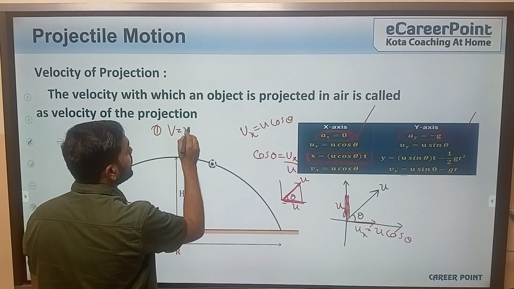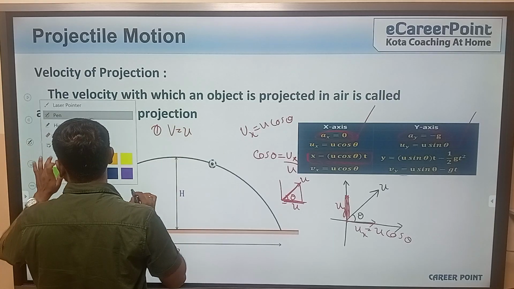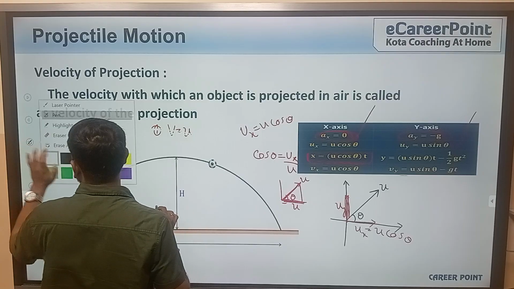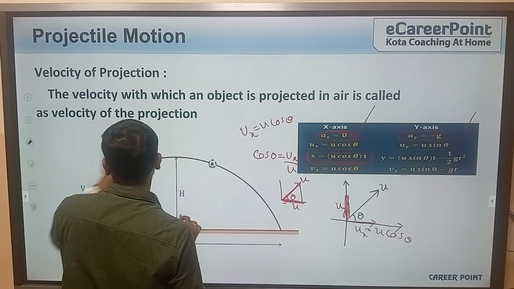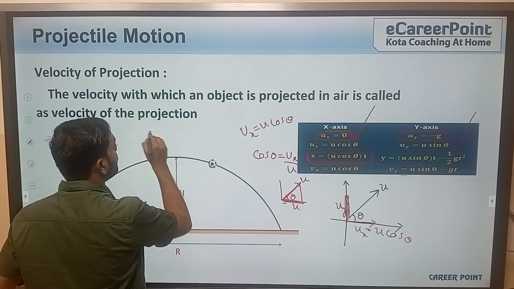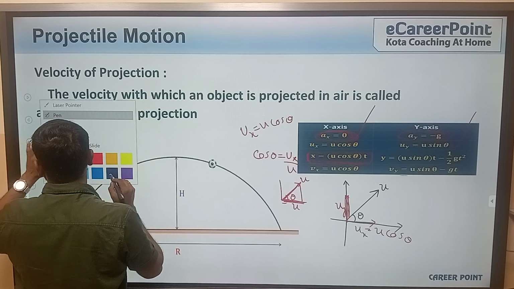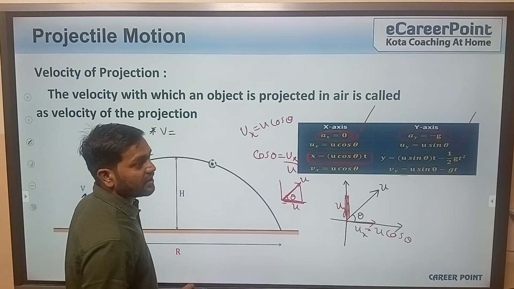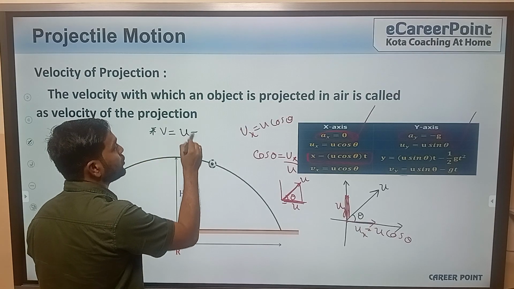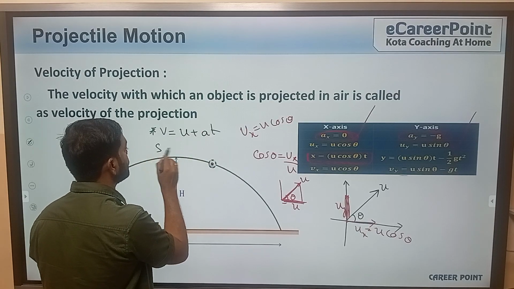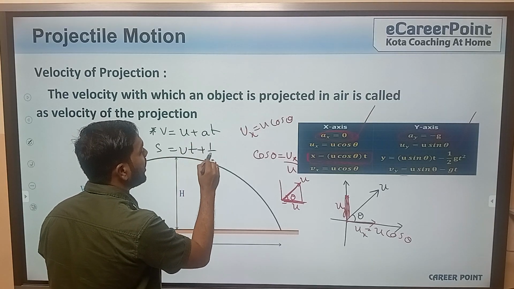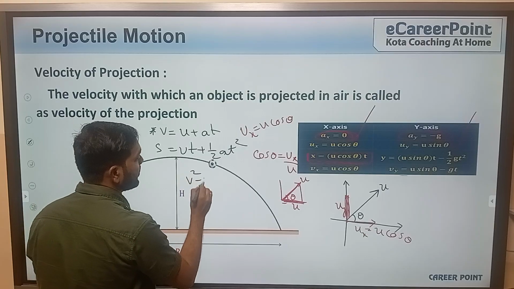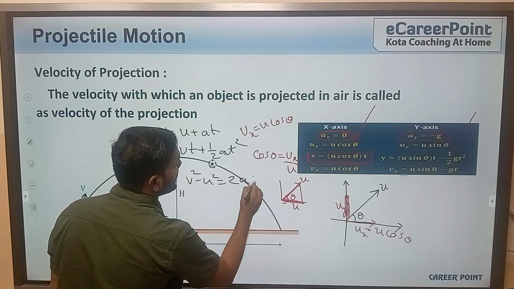For constant acceleration we got v is equal to u plus at, s is equal to ut plus half at square, and v square minus u square is equal to 2as.